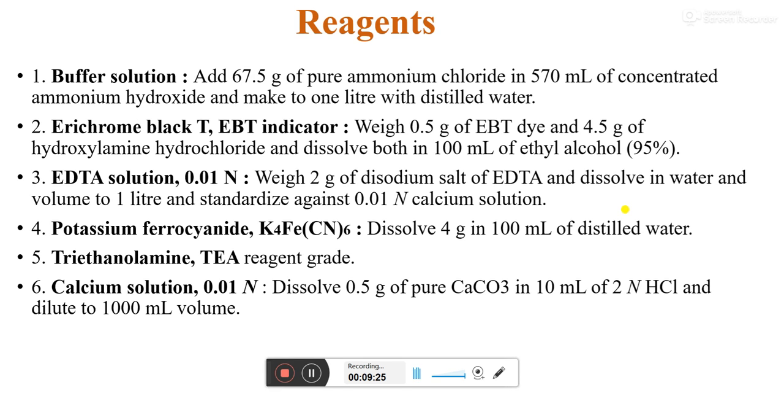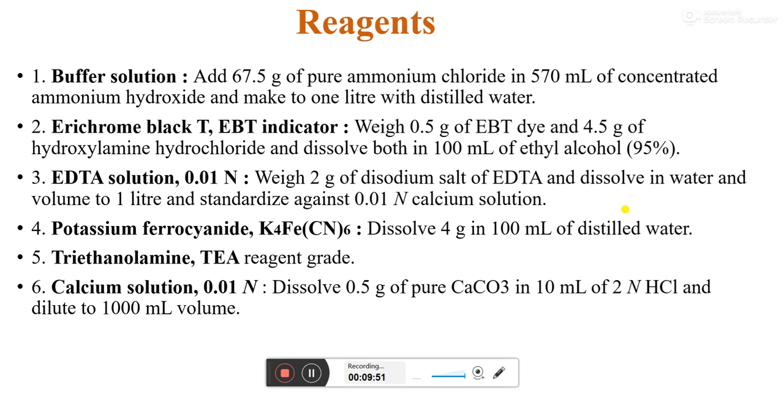Then the reagents required. The first one is buffer solution. So how do you prepare this buffer solution? Add 67.5 gram of pure ammonium chloride in 570 ml of concentrated ammonium hydroxide and make up to 1 liter with distilled water. So when we are considering the buffer solution, remember the procedure: add 67.5 gram of pure ammonium chloride.